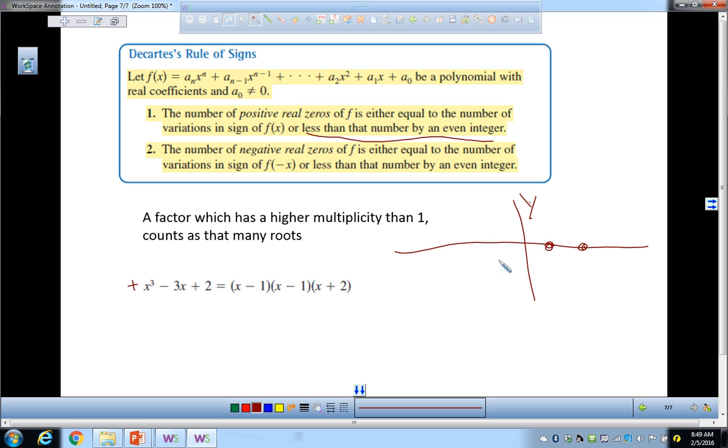If it changes sign 4 times, positive roots on the right side of my equation.